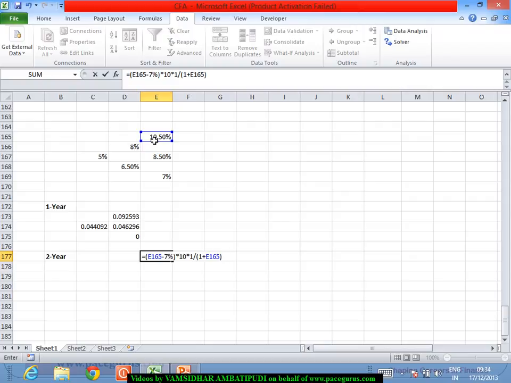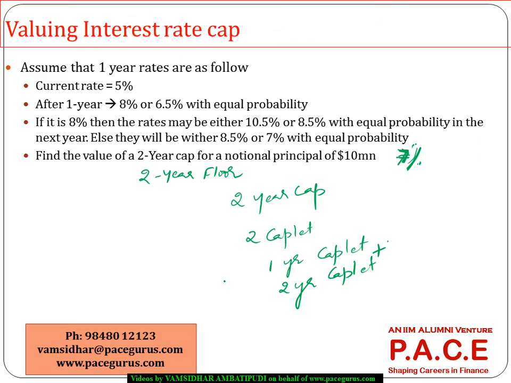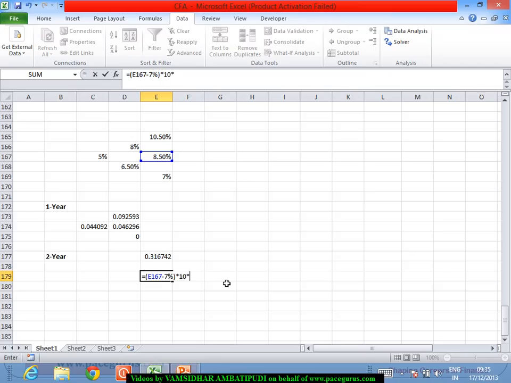Because in case of caps, the interest rate differential, whatever is coming up, the benefit will come at the end of the period. So if I want to find out the value of the benefit at the beginning of the period, I have to discount it with that corresponding interest rate. So this is the benefit. And in case the interest rate goes to 8.5%, still there is a benefit with my strike rate of 7%, multiplied by the same 10 million multiplied by 1 divided by 1 plus 8.5%.